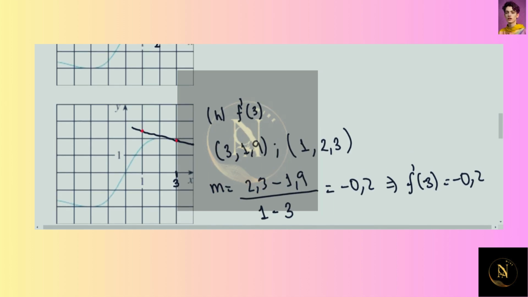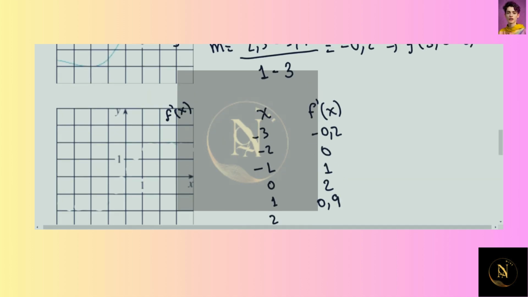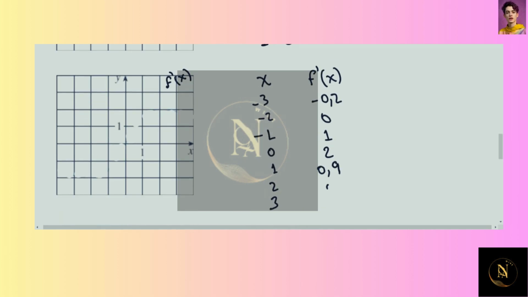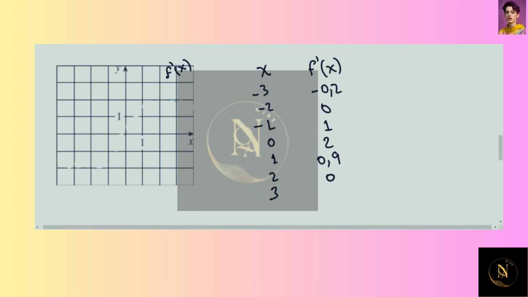And for 2, 0. And for 3, again, minus 0.2. So we're just going to put all this in the graph, and we just sketch the graph that we can obtain.